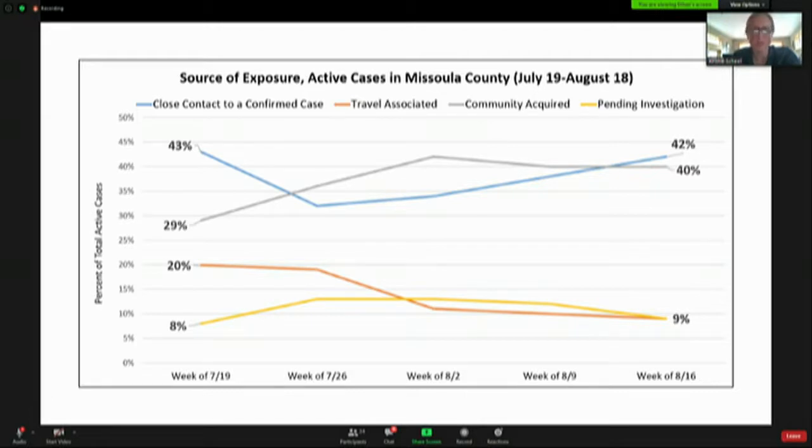When source of exposure can be attributed to having close contact with a confirmed case, that's fantastic, because it means the case has usually been identified through recommended testing early on during the infectious period, and we generally can contain it and manage it a little bit better.